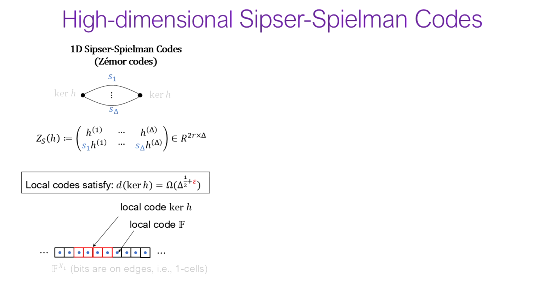Here is the Sipser-Spielman code that I already mentioned before, interpreted as a sheaf code. Here we have two levels: these trivial codes and these local codes, as in the standard Tanner construction.